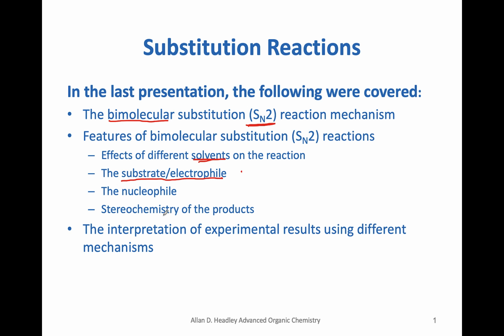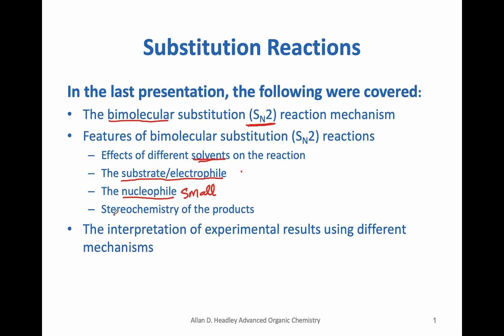SN2 reaction. We looked also at the nucleophile, and don't forget the nucleophile has to gain access to the electrophilic carbon, which means that the nucleophile must be small. And in addition to being small, it must not be basic, because if the nucleophile is very basic, there will be elimination reaction, which we'll cover in the next lecture.